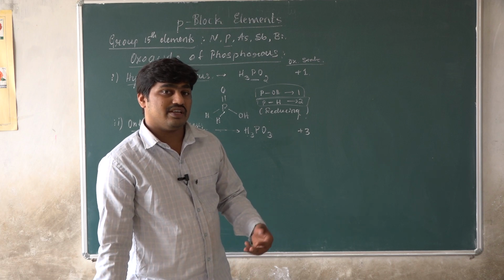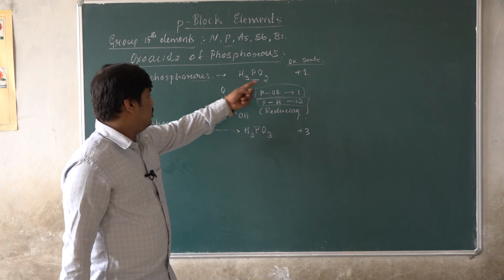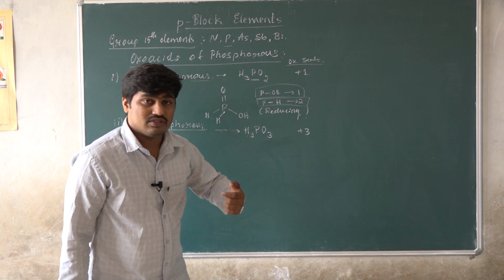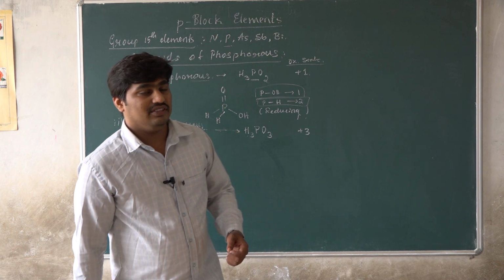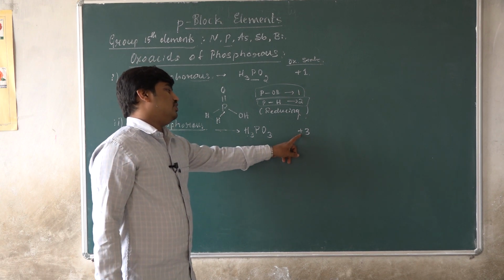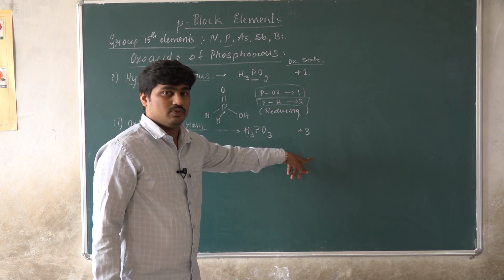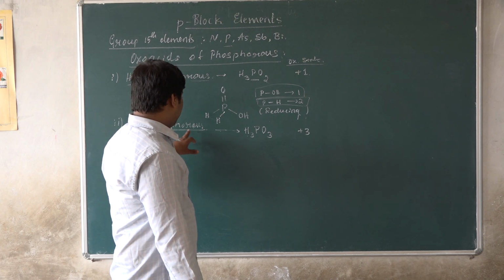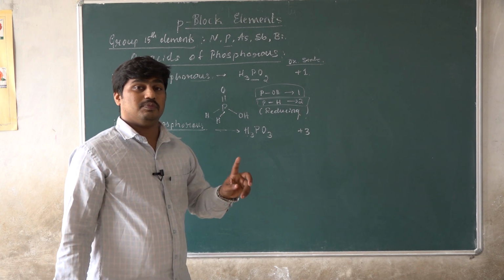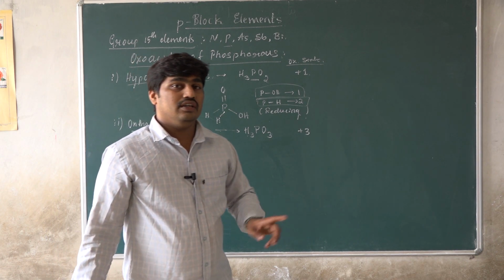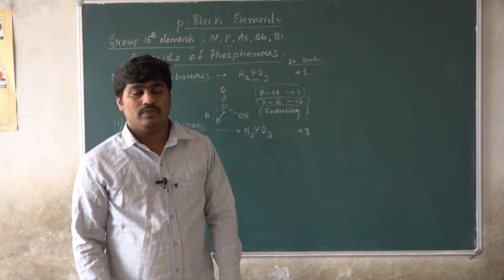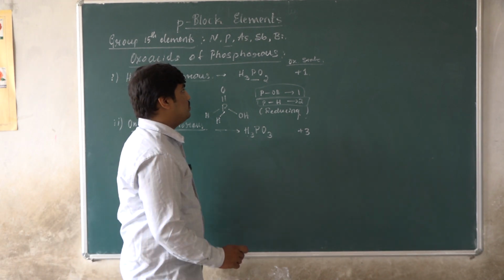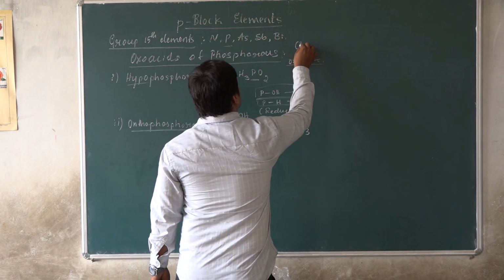If phosphorus has a lower oxidation state, then we use the OUS suffix. Then what happened in this case? The +3 oxidation state is a little higher than +1, although I am representing it as phosphorus acid, then what is the reason? The reason is the highest oxidation state of phosphorus in a compound is +5.